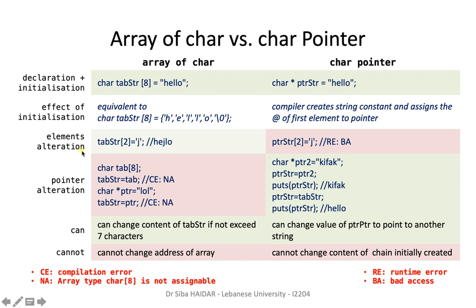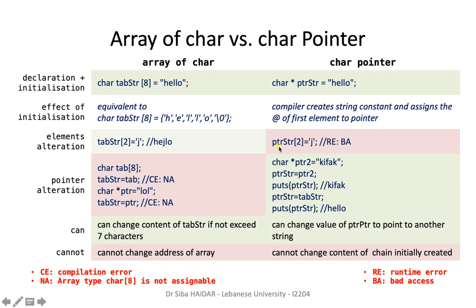For the element alteration, if we declare the array using square brackets, we can alter the elements. For example, here we can change the first L to be equal to J, and if we print, we will see the result. However, in this red cell, you can see that it is forbidden to change the elements of the char pointer.